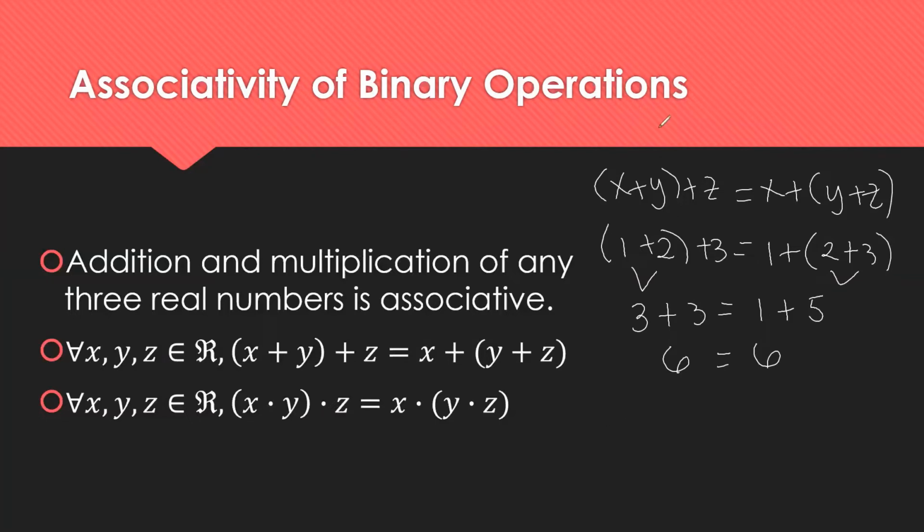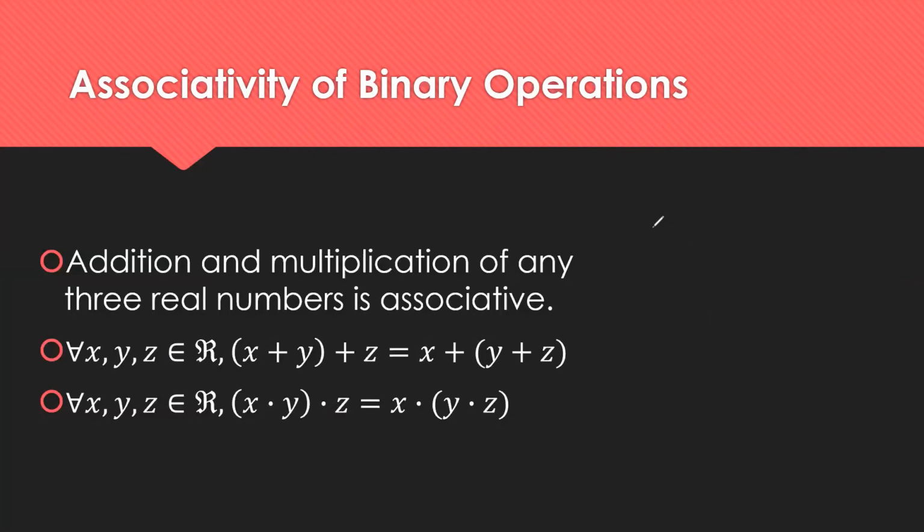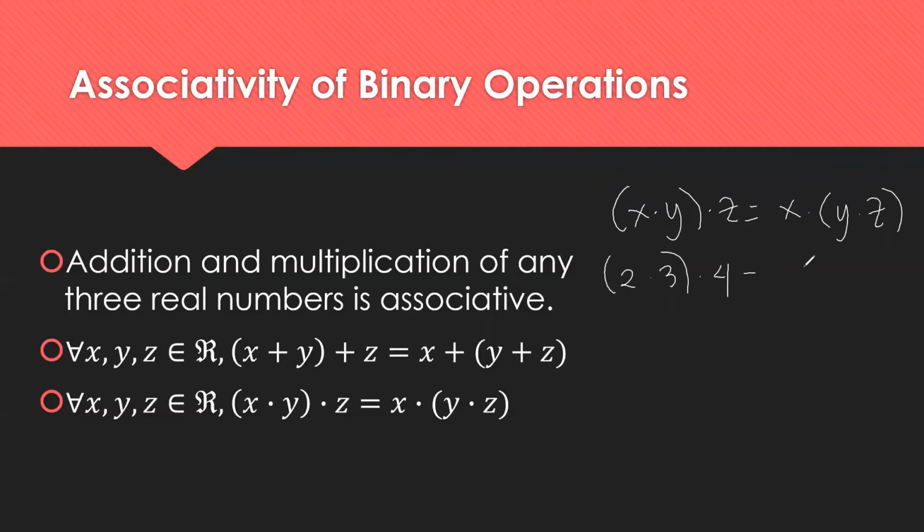Now for multiplication, the grouping is x times y, or the product of x and y, times z is equal to x times the product of y and z. Suppose x is equal to 2, y is equal to 3, and z, let's say, is equal to 4.